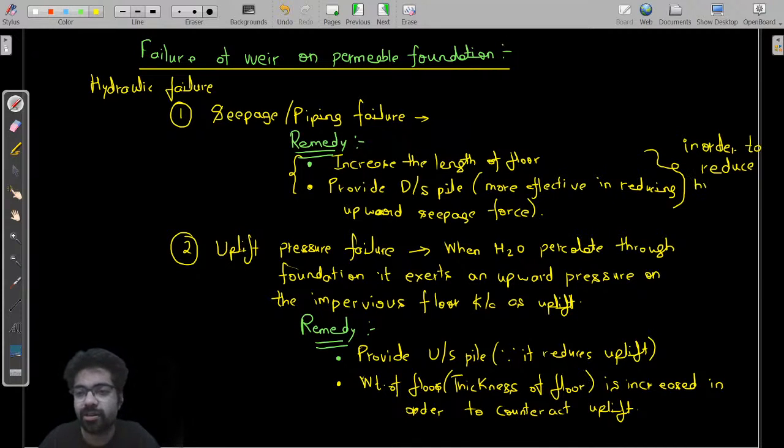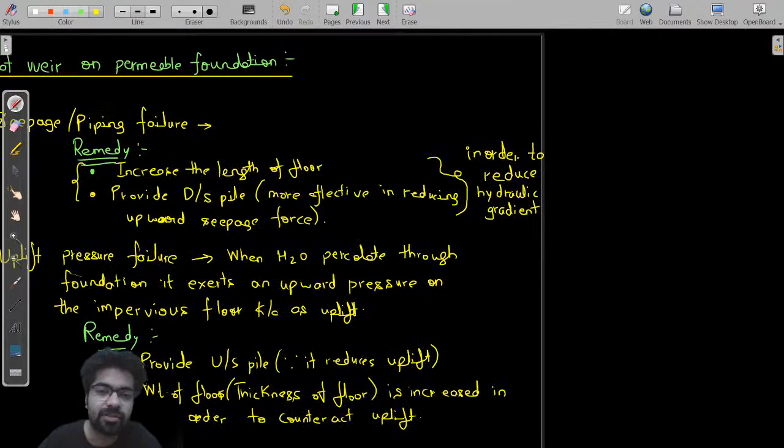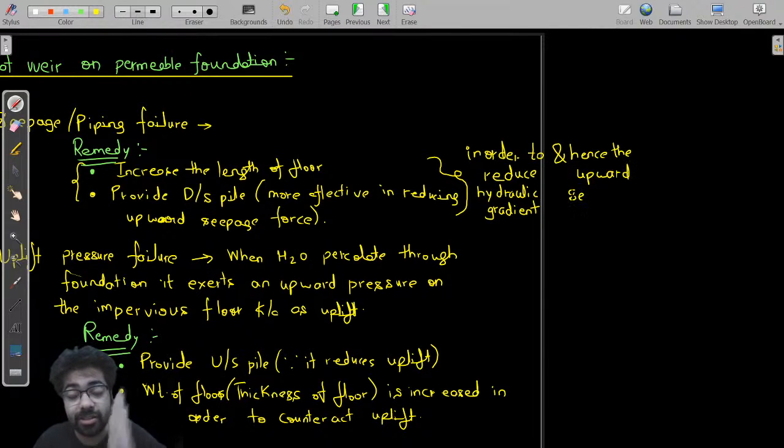Yes, very good. In order to reduce the hydraulic gradient, in order to reduce the head difference, and hence the seepage force, and hence the upward seepage force. If the upward seepage force which the water is exerting on the soil is reduced, then obviously soil erosion will not take place.